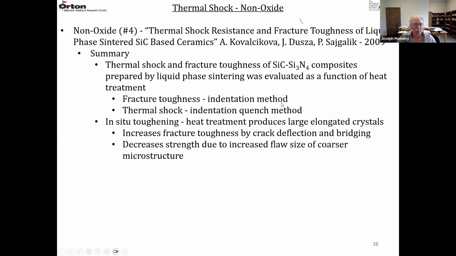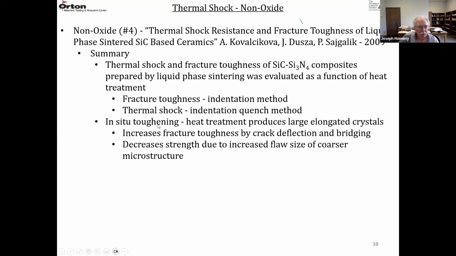These indentation methods have been shown not to be really valid or the best way of measuring fracture toughness, but you can make comparisons on similar material, but it's not going to give you an accurate fracture toughness value. And then in the indentation quench method, indentations were put into the surface before thermal shock. So they were putting in controlled flaw sizes before thermal shocking the material.